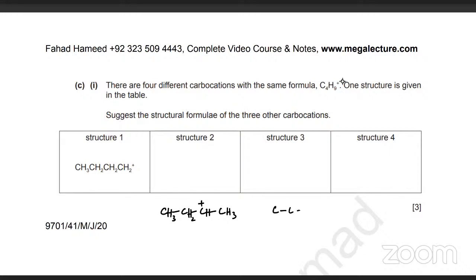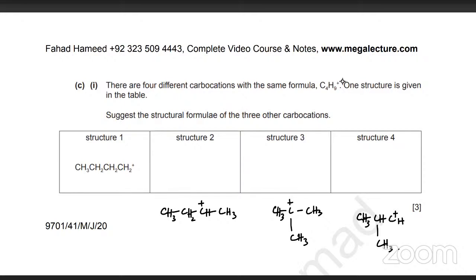Or this one could be a carbocation, and this could be 3 H's, 3 H's. That's also C4H9+. Or you could have this one as the positive one, so there's going to be 1 H with this, 1 H, and 3 H's. So these are your 4 carbocations.